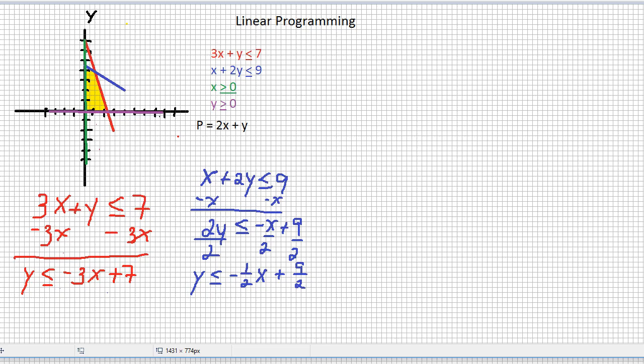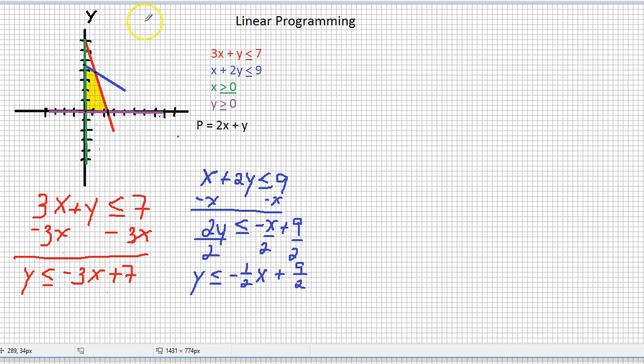Now that we've got this graphed, we are going to look at the equation. P equals 2x plus y. In order to use that, we need to find these corners, all of these places where these lines cross. So here, here, here, and here.